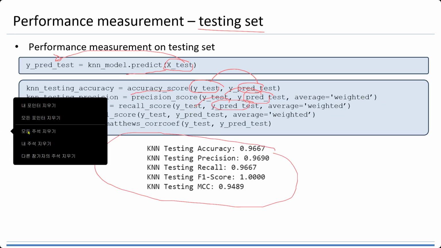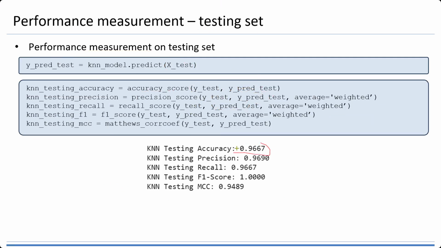So this result shows that it's slightly lower compared to the performance on the validation result. Previously, we have 1, 1, 1, 1, 1. And now on the testing result, we have 0.96, 0.96, 0.96, 1, and 0.94.